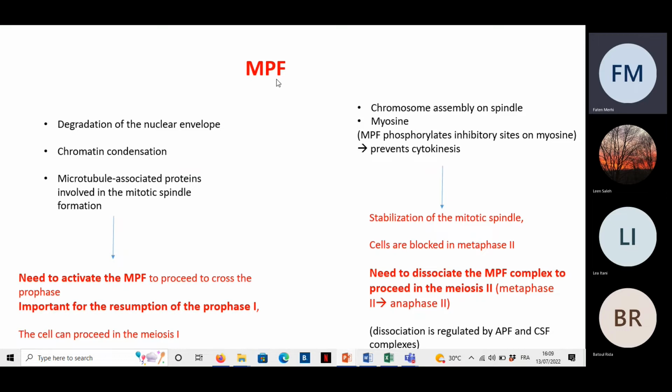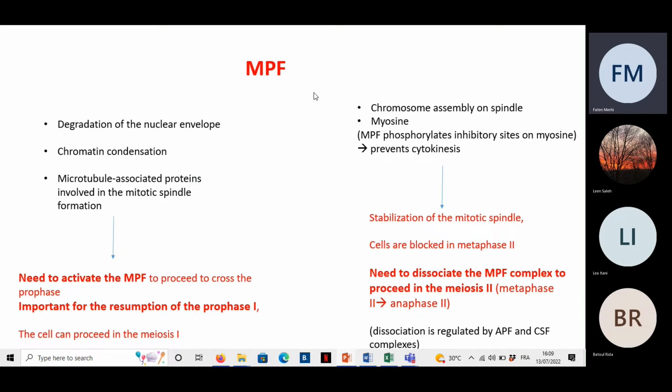So when this MPF is inactive, we can't have the degradation of the nuclear envelope and the chromatin condensation, and that's why the cells will be blocked in the prophase 1. Okay, so whenever this MPF is inactive, during the meiosis 1, the cells will be blocked at the prophase 1.